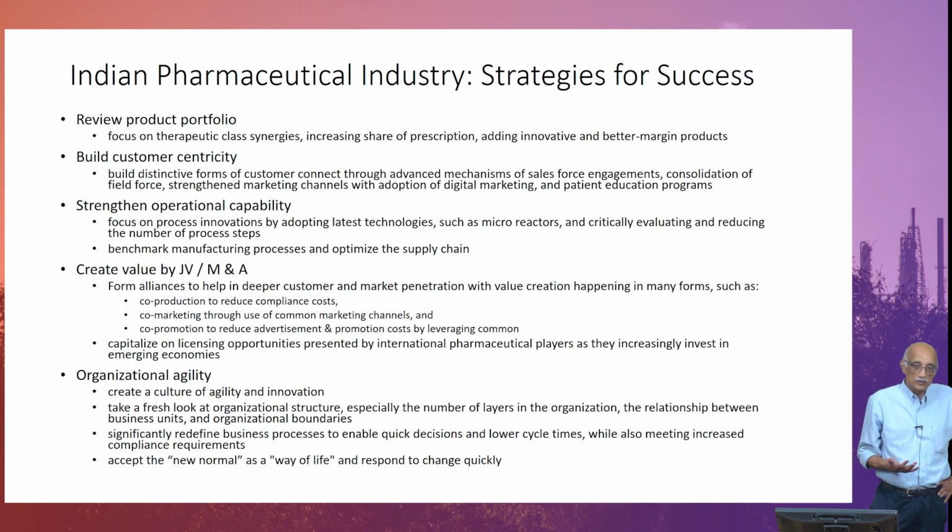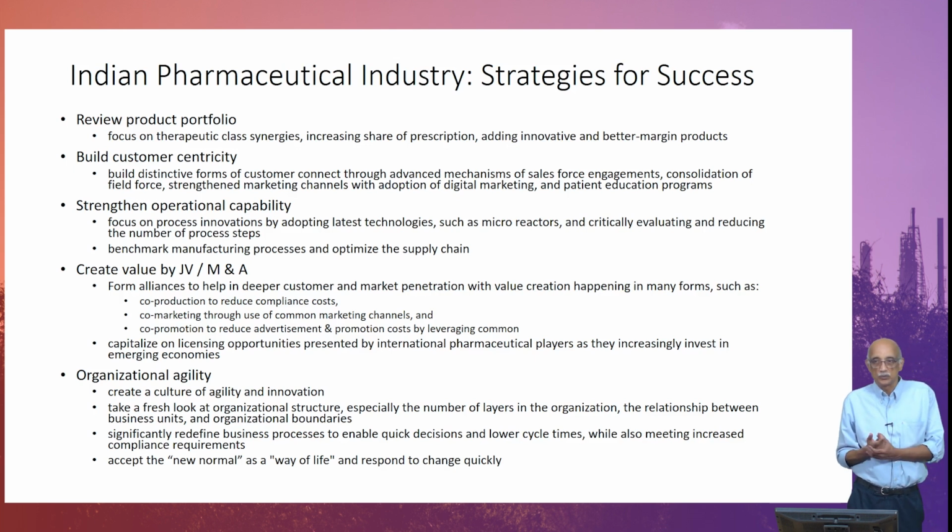Organizational agility. The pharma industry is one that moves fast, even though the regulations require that any new product you develop can take up to 10 years to actually reach the market. But that does not mean that during those 10 years you do not do anything, right? You just wait for the product to be approved. There is a constant demand for developing new molecules, new chemistries, new products that will address some emerging need.